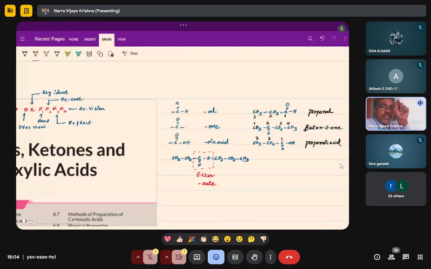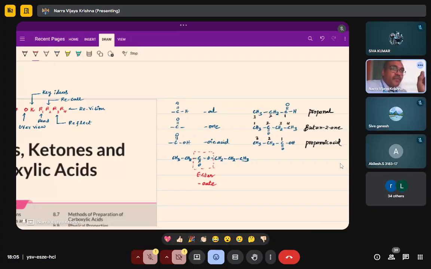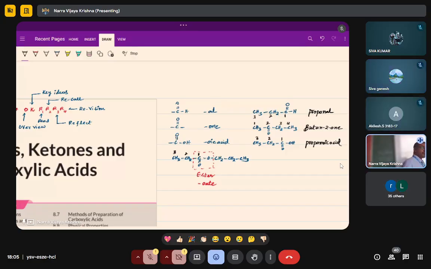If a functional group possesses carbon, I have to start numbering from that carbon. So the functional group has carbon in it, so I need to start numbering from there. So 1, 2, 3, this is the branch. What is that branch? Propyl. So propyl is the substituent, and the name of this is propyl propanoate. Any questions, sir? Online?